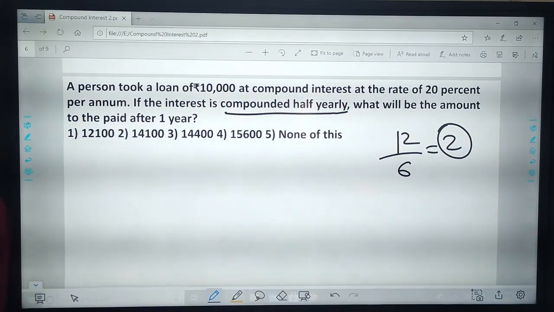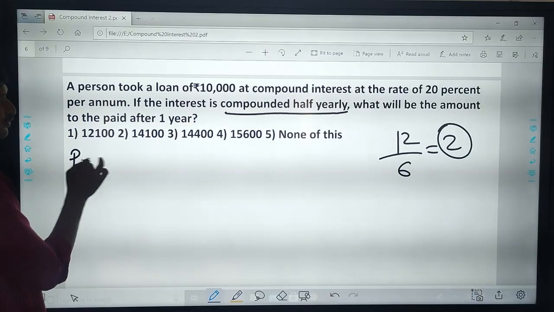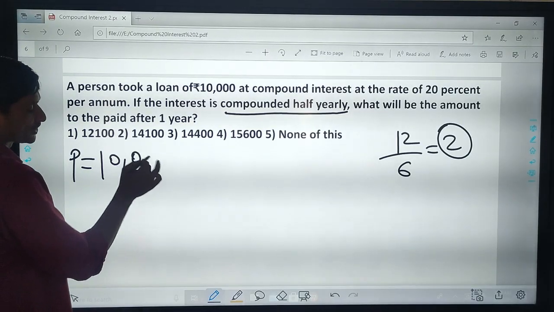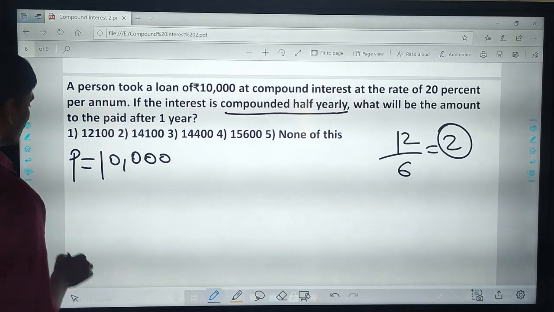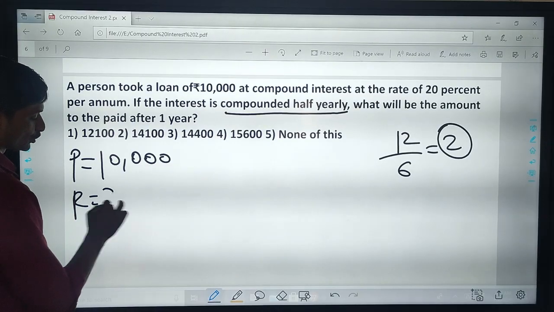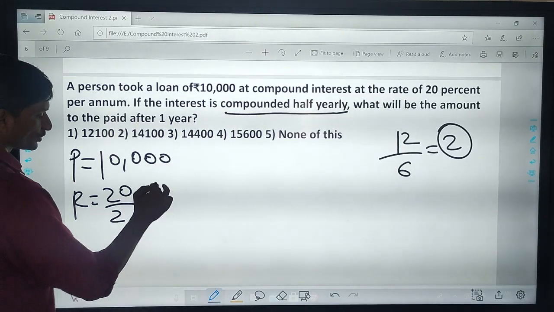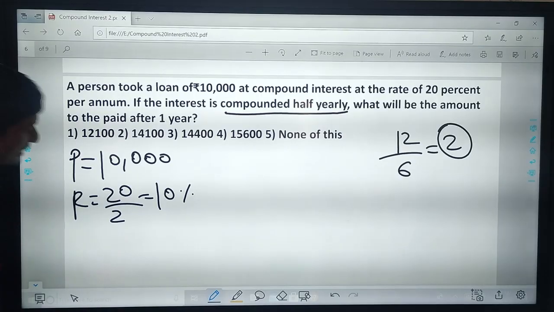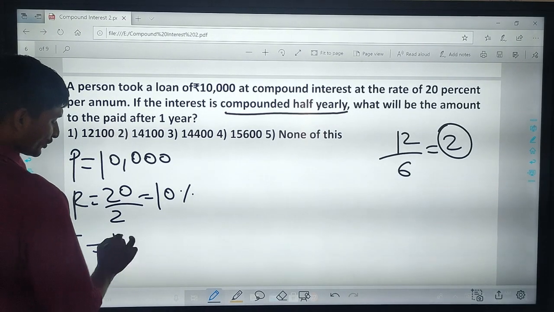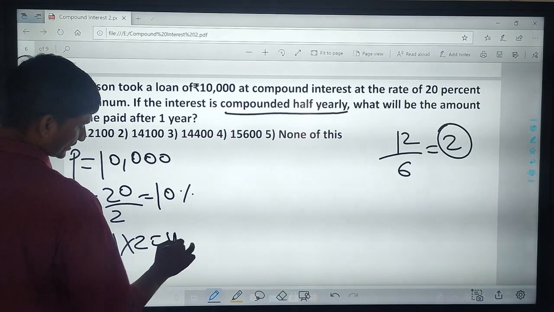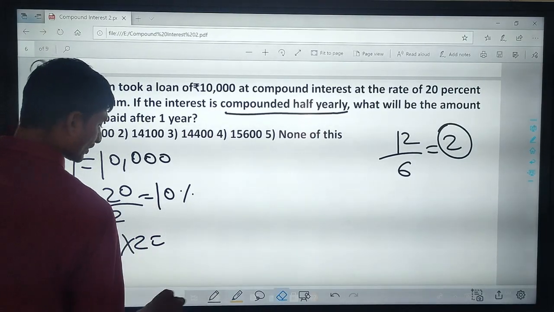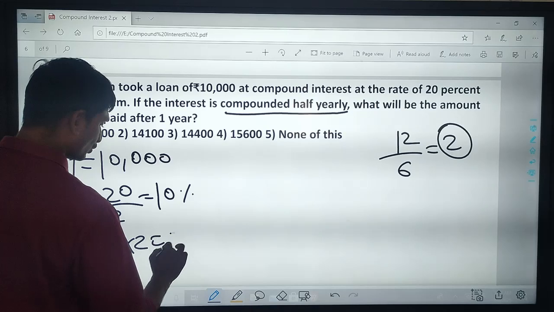This is your factor. Then your principal is 10,000. Rate of interest is 20 divided by 2, that is 10%. And your time duration is 1 into 2, that is 2 years.